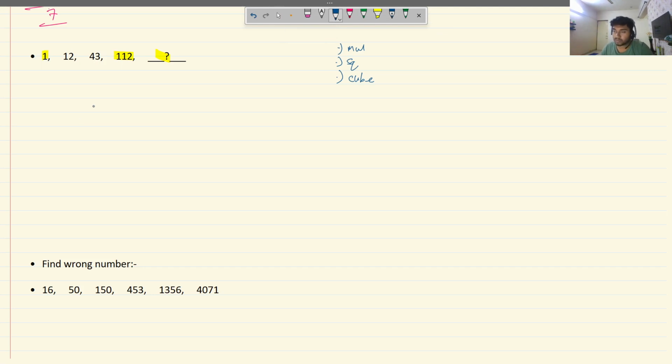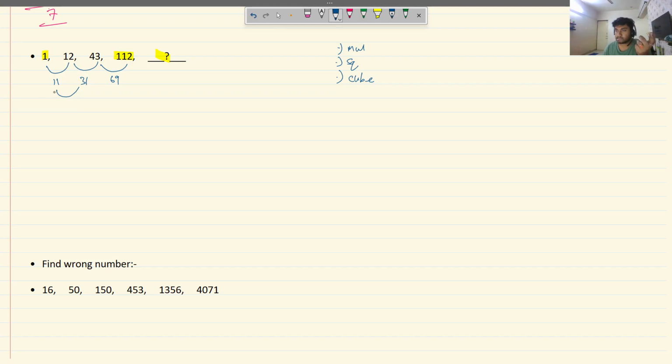Let's just start with these are small numbers. Let's just start with consecutive difference. Consecutive difference over here is 11. Consecutive difference over here is 31. Consecutive difference over here is 69. Can we look at the consecutive difference of consecutive difference again?